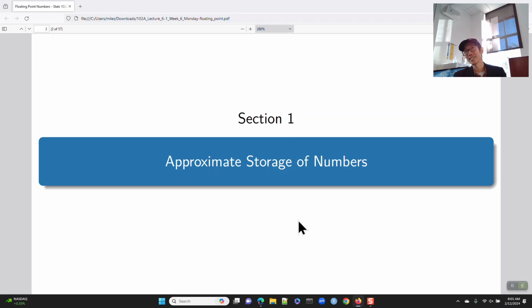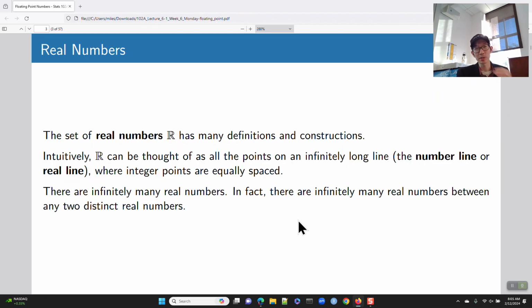And so if you wanted to store all the digits of pi, how much computer space would you need? The answer is you can't, right? You would need infinite computer storage, okay? And we don't have that, right? It's impossible to do such a thing, okay?